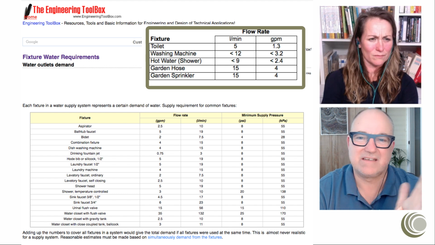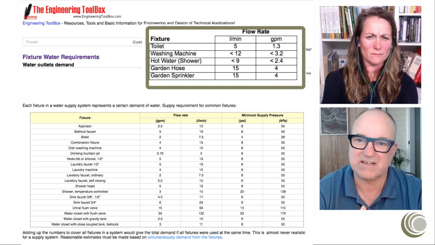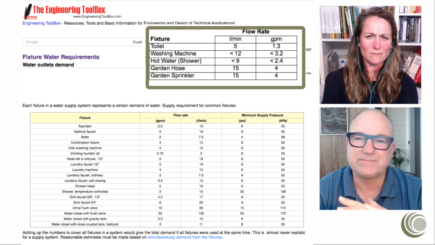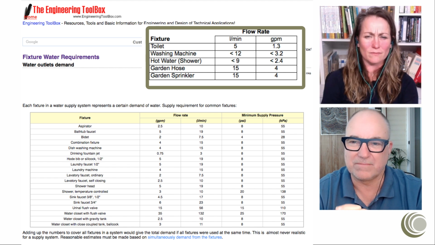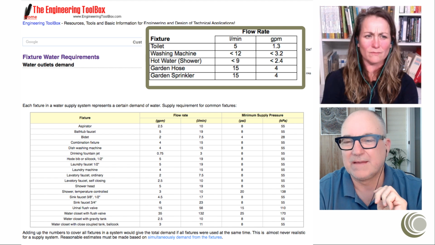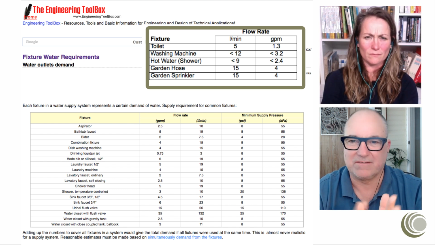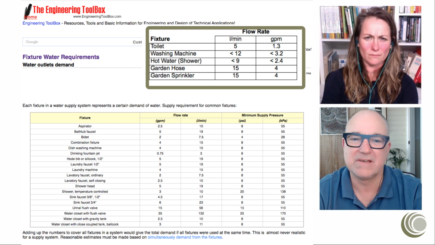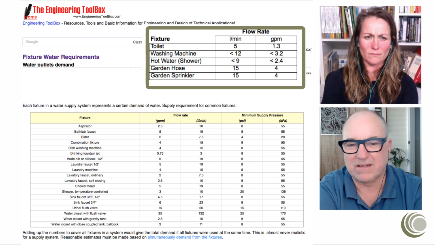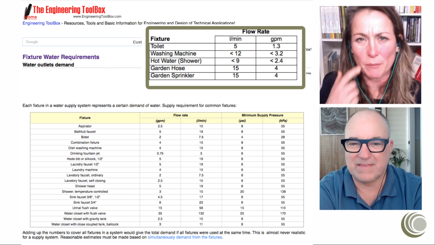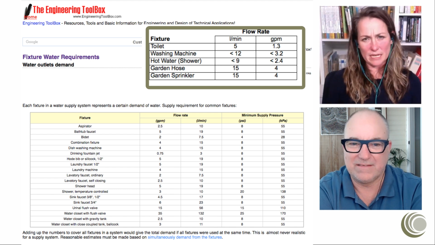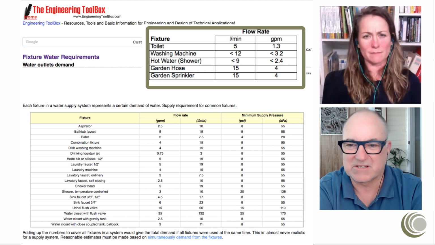If you've got a water efficient washing machine and the shower on at the same time, it's going to be a lot less than 12 litres a minute, but say that it is, and the shower, you're talking around about 20 litres a minute. So most of your garden variety small pumps will supply about 30 litres a minute. So these are small numbers, really, in the world of pumps. These are not big volumes. They're baby numbers, Michelle.